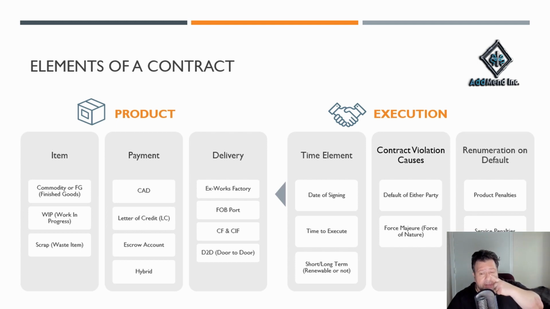So in principle, FOB is port. Then CNF is cost and freight. CIF is cost, insurance, and freight, which means that it includes shipping to your destination.